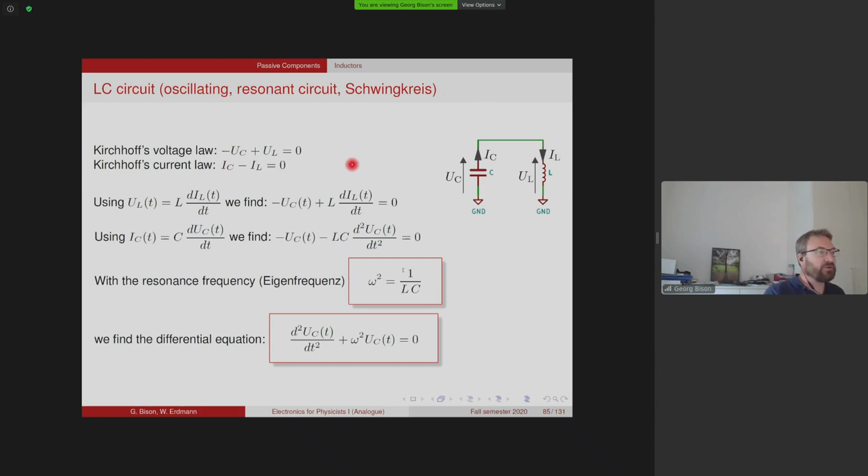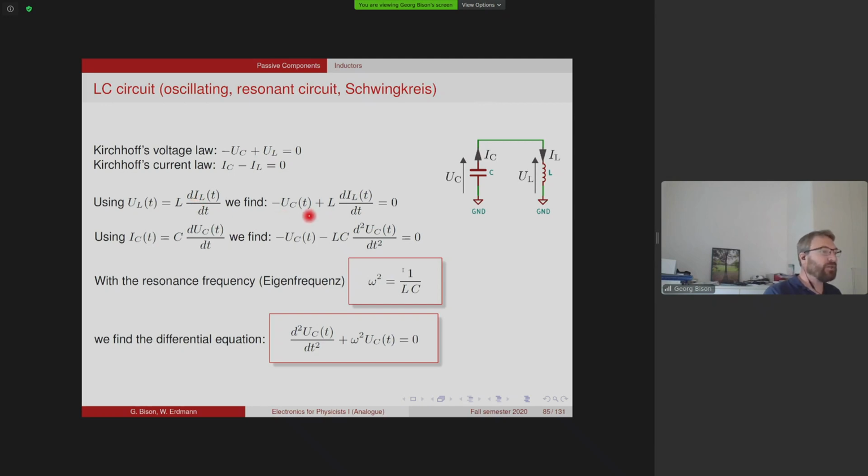The voltage law, in this case, is super simple. It simply says that these two voltages are equal. The current law says that the two currents are equal. And then we simply say that the voltage over the inductor is given by this term depending on the current. We know that this current is the same current that goes through the capacitor.